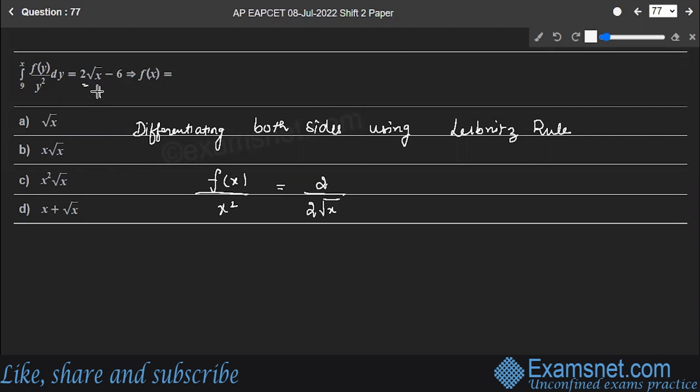So 2 upon this √x will be 1 upon 2√x. So f(x) over here will be equal to x². 2 will cancel, into 1 by √x, which will be x√x. This was a pretty easy question, hardly a half-minute problem, and we have option B as the answer.